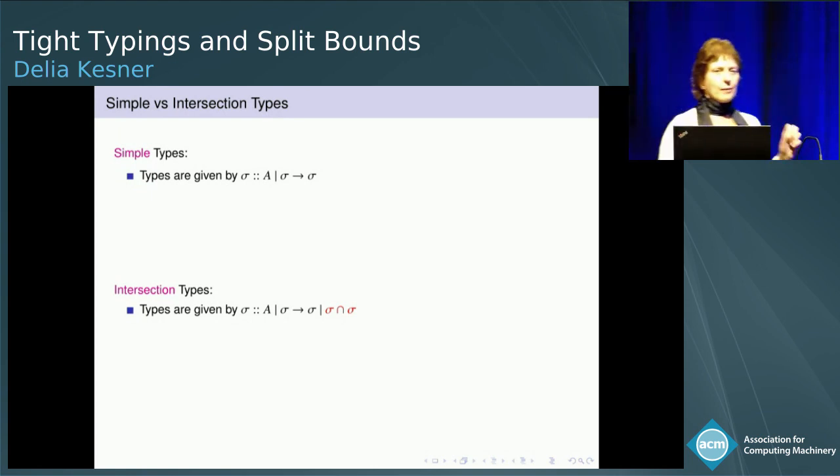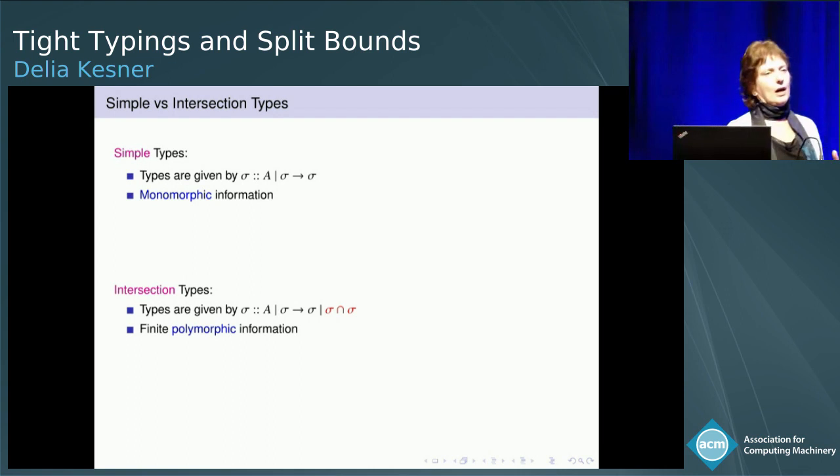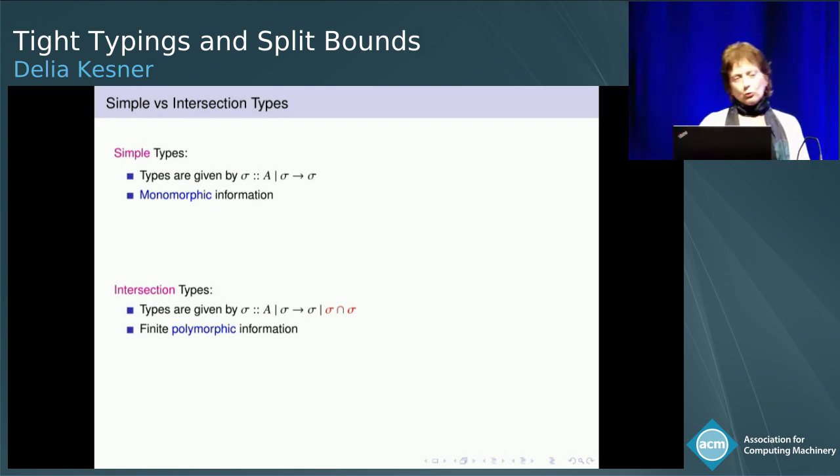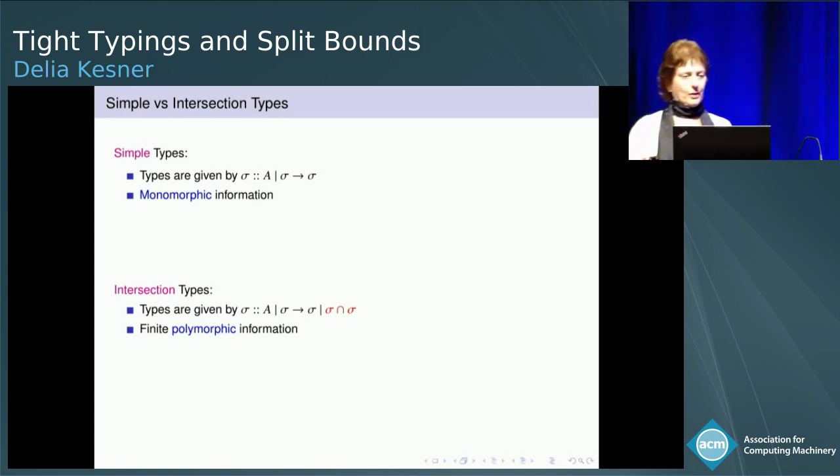In intersection type theory, you also have an intersection operator, which gives a kind of polymorphism, because you can now type a term with an intersection type. That means that you will give two or more different types to a term.